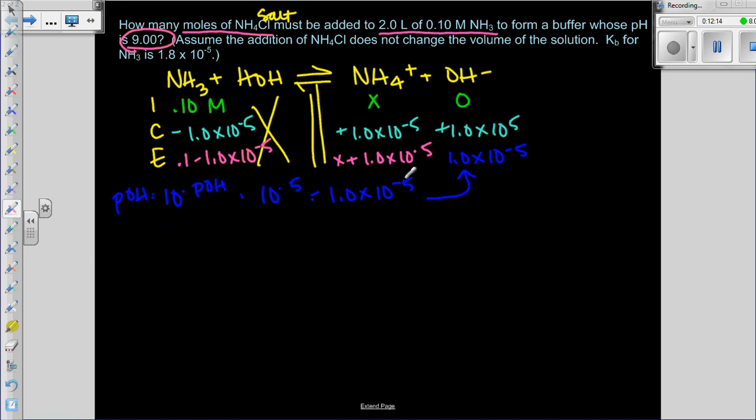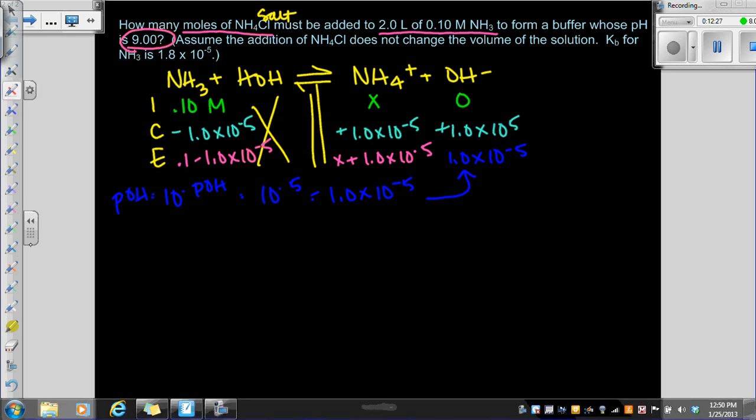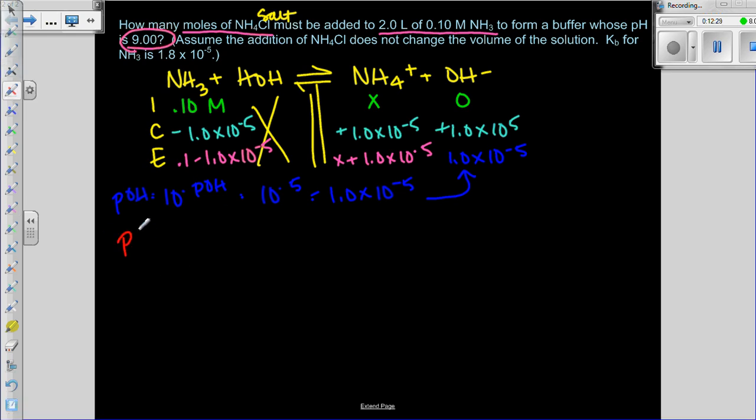Now, I could go ahead and substitute this into the expression and solve. Or, if you remember when we did salts, we introduced you to Henderson-Hasselbalch. Henderson-Hasselbalch was pH equals pKa plus the log of the conjugate base concentration divided by the concentration of your acid.